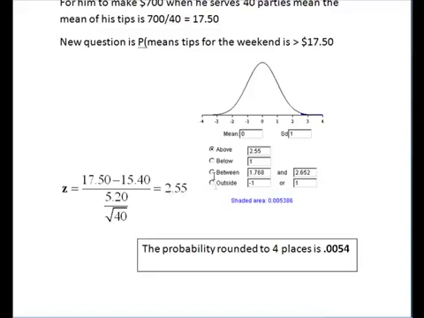So he wants to make more than $17.50. We're looking for the area above 2.55, which is pretty small. Rounded to 4 places, it's 0.0554, which is less than 1%.